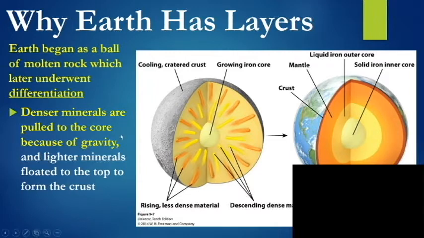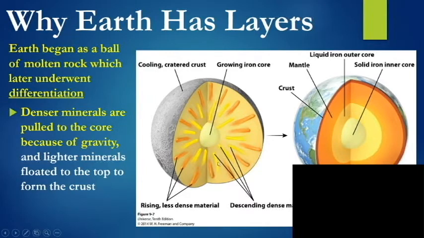And as a ball of liquid, the material inside is free to move within the liquid. So the denser things are free to move towards the core because, again, denser things move down. Lighter things, on the other hand, rise to the surface. So that's called planetary differentiation. You can think of it as the planet becoming different, right?